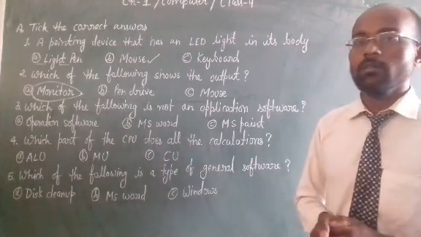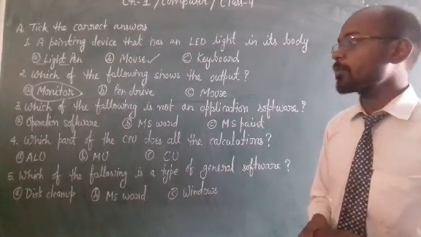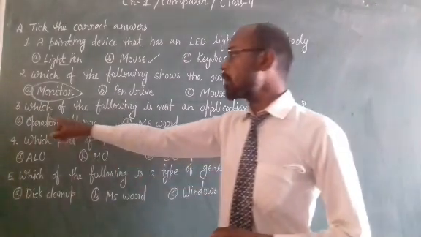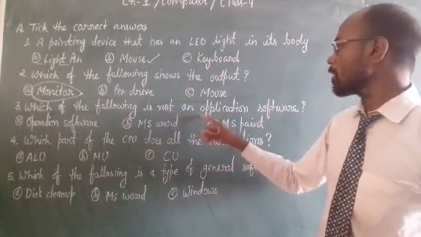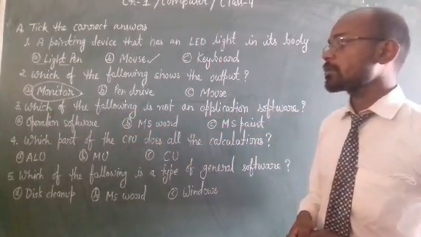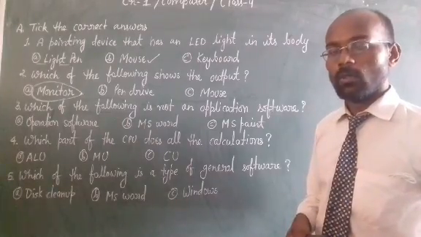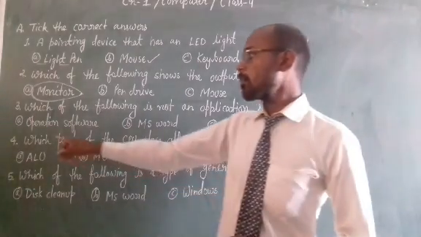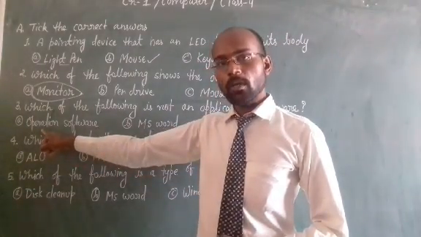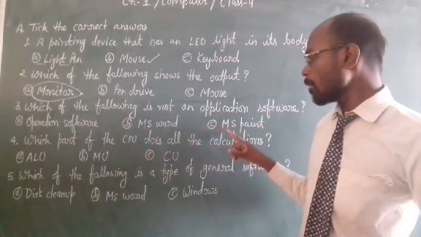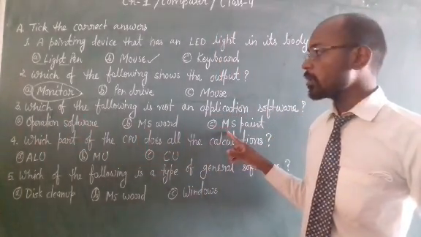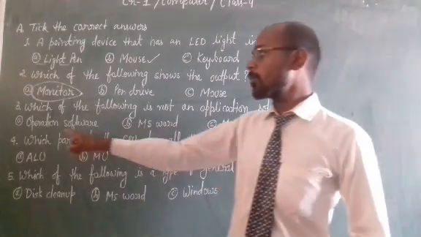Question number third. Look at the question number third. Question number third is which of the following is not an application software? Okay. Options are operating software, MS Word, MS Paint. Students, look at the options carefully.